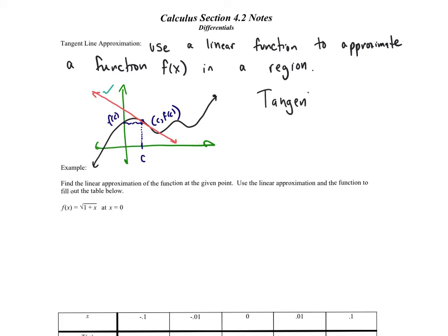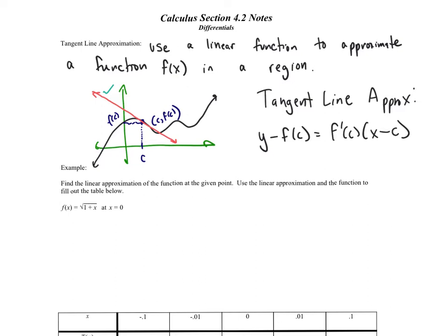The tangent line approximation for f of x, we can just summarize what we did before, and it's simply going to be y minus f of c equals f prime of c times x minus c. So this is the tangent line approximation at some point c, and obviously the y value being f of c.